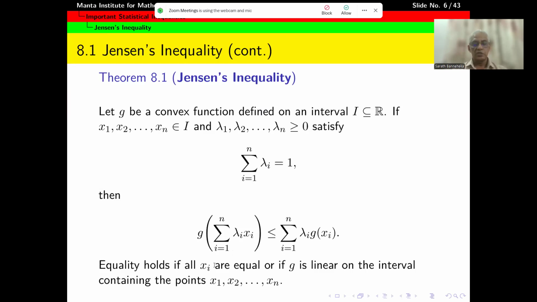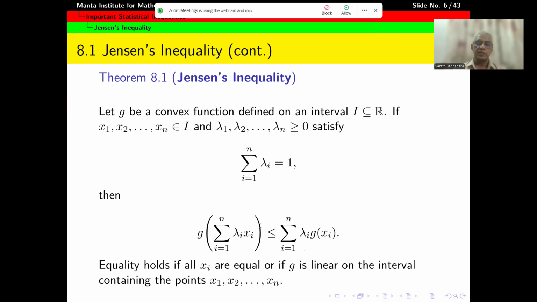Then G evaluated at the sum of lambda i times xi will be less than or equal to the sum of lambda i times g(xi). So that is what Jensen's inequality tells you.